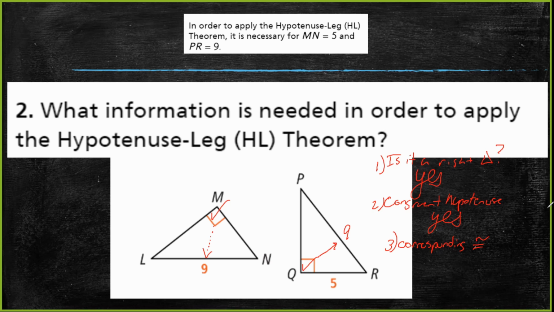So in topic 3, we learned how to rotate, reflect, translate, glide reflect to map these polygons or these triangles onto each other. I'm not asking you for the line of reflection or this point of rotation or what the rotation needs to be. All I'm asking you to do now is use your imagination and ask yourself, how can I get triangle LMN to map exactly on top of PQR?